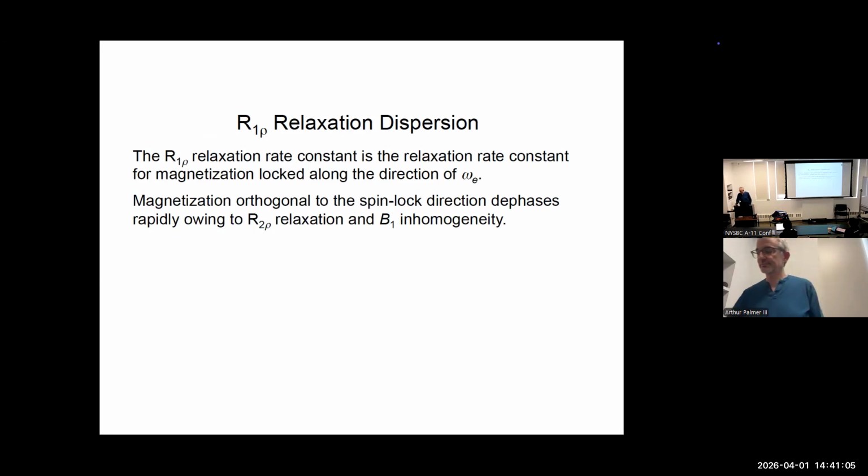Oleg Trott, when he was a graduate student, had realized that this 6-dimensional matrix has 6 eigenvalues, but 4 of them represent rotations orthogonal to the spin locking field. There's I plus for the A state, I minus for the A state in the tilted frame, and those tend to dephase very rapidly, both from what's called R2 rho and B1 inhomogeneity.